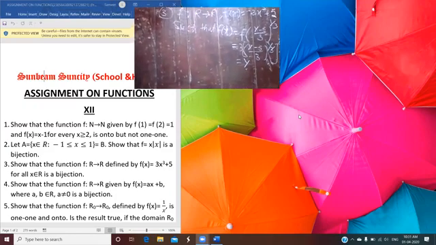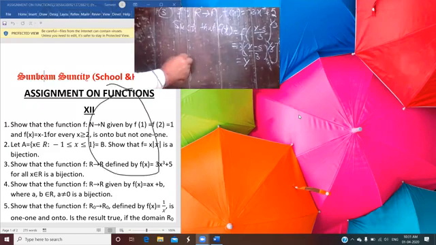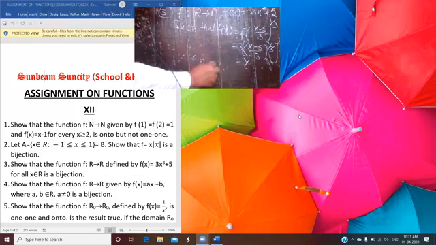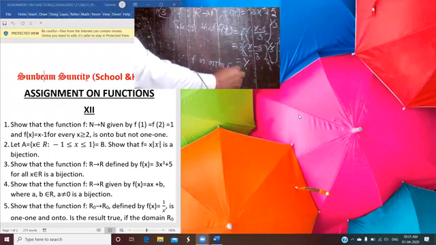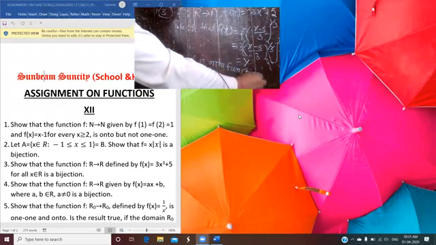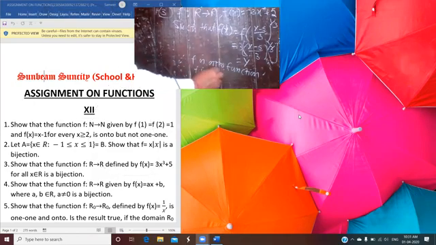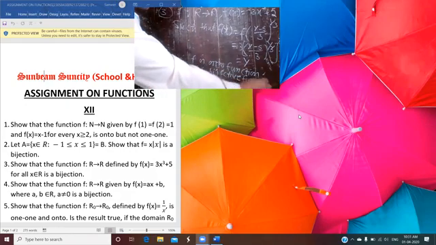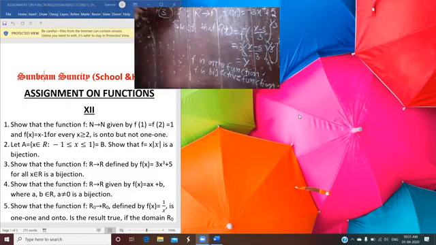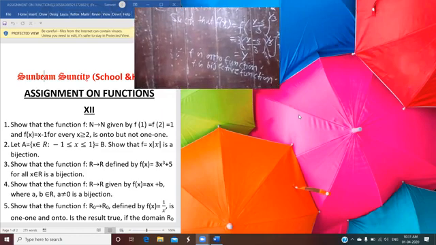So you can write it as f is an onto function. Then you write, since f is one-one and onto, hence f is a bijective function. You can write it finally.